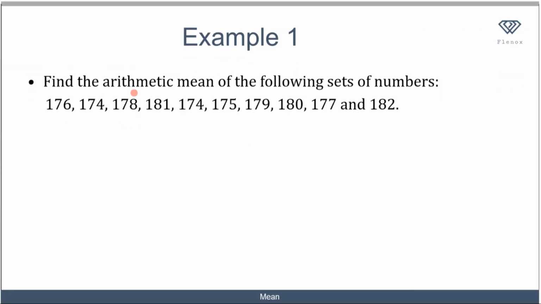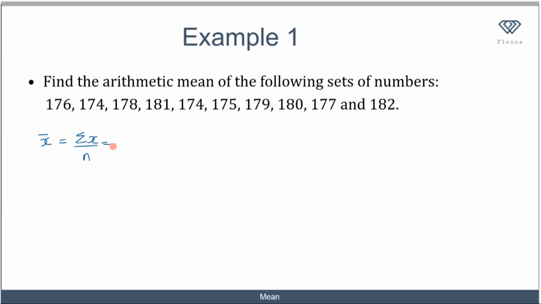Find the arithmetic mean of the following sets of numbers, and we are given the set of numbers. The way we go about it is that we find the sum of all of them and divide it by the total numbers there are. So the mean, denoted as x bar, is equal to the sum of x over n.